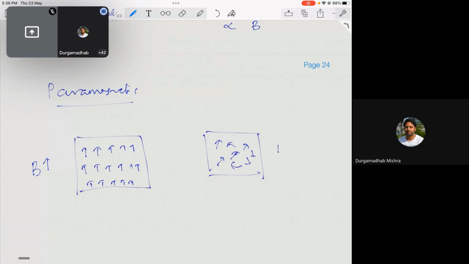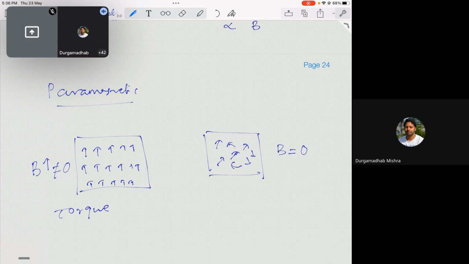Okay, so this is when I'm saying B is equal to 0. But as soon as I apply a magnetic field B, which is not 0, these dipole moments will orient along this magnetic field direction, and you get this paramagnetic behavior. So how do they orient? There is always a torque that acts on these dipole moments.